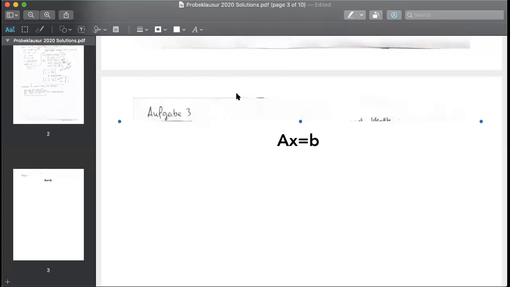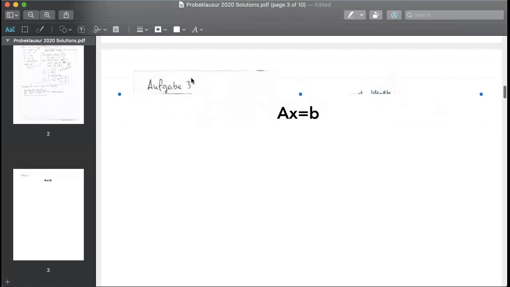Okay, guys, welcome back. Let's talk about the next Aufgabe, Aufgabe 3 from the Probeklausur, summer semester 2020. Before we start with this Aufgabe, I just want to say a few things to bring some intuition to the question in case you have no idea what eigenvector, eigenvalue, and all these things are.